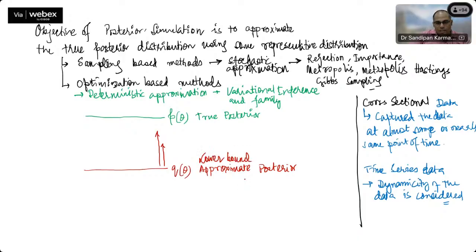I think this lower bound computation was covered in the last session. Can anybody please confirm whether this lower bound was covered in the last session? This lower bound is a measure of how far the approximate posterior is from the true posterior.